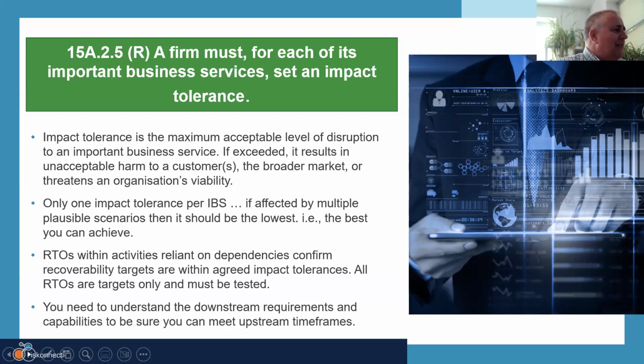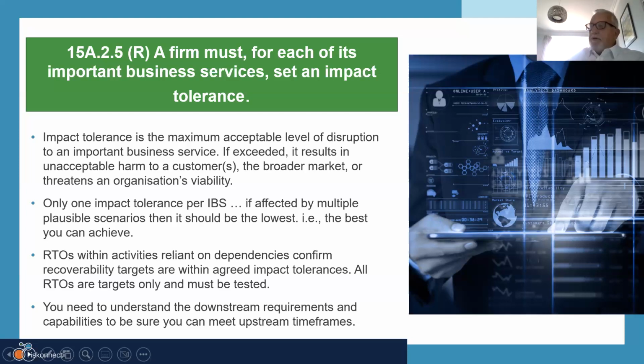Traditionally in BC, we tend to look to get everything back up as quickly as possible. That's not necessarily the case with op resilience. You want to achieve that tolerance at a level that you are pretty sure you can achieve if you ever need to. So don't set yourself unrealistic goals.